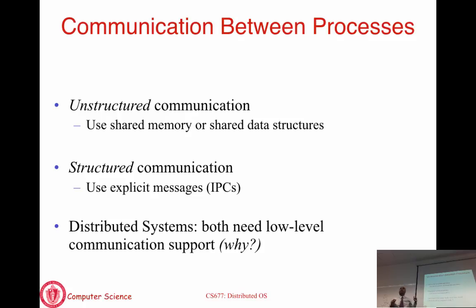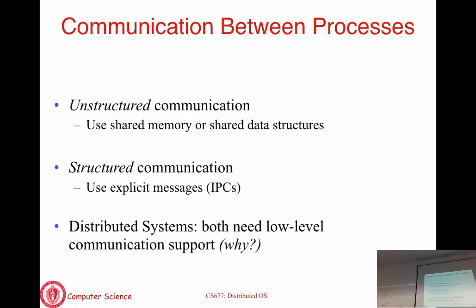In unstructured communication, you communicate through memory or shared memory. Essentially, you put some data in some piece of memory, and some other process goes and takes that data and processes it. That is called implicit communication. You're not sending any explicit messages, but there is just some piece of shared memory.